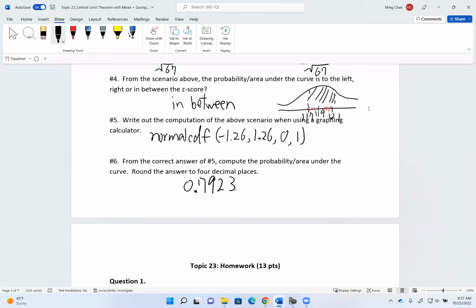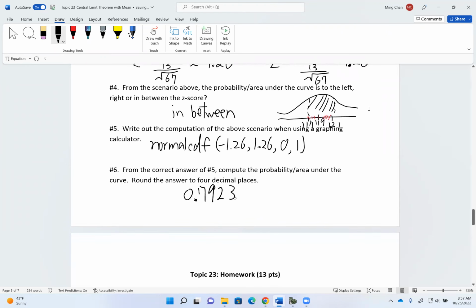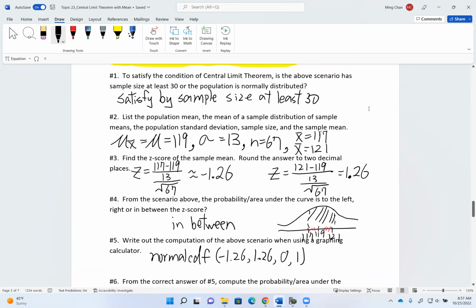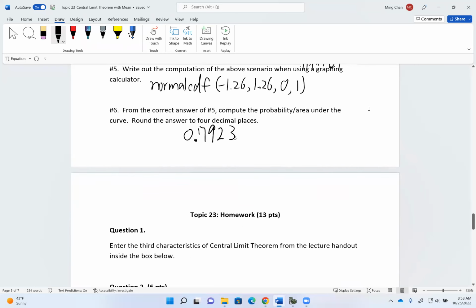All right, just real quick, let me introduce what the central limit theorem is and how we can use it to talk about the sampling distribution of your sample means. The whole idea is to take lots and lots of samples, so we have lots of different sample means. Since we're taking so many of them, each sample mean is different, so they become a random variable.